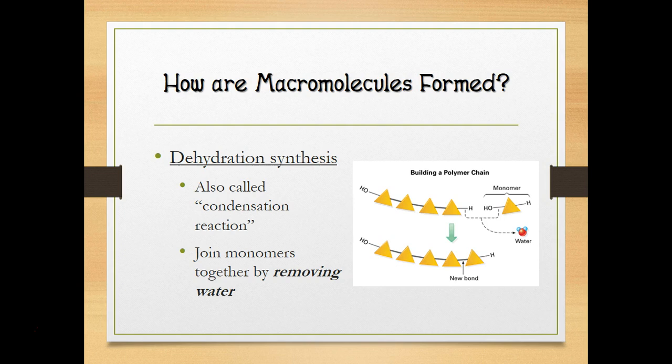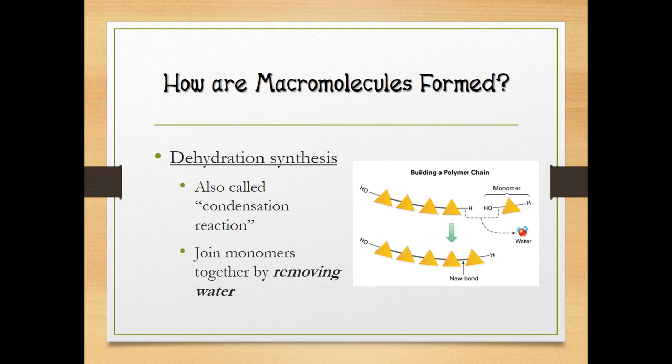So first off, if I'm forming a polymer, I'm making the polymer longer, I'm making it bigger, I'm adding Legos to that tower, if we use that analogy, we're talking about a chemical reaction called dehydration synthesis. And I'm dehydrating my monomers in order to synthesize or create a new bond.